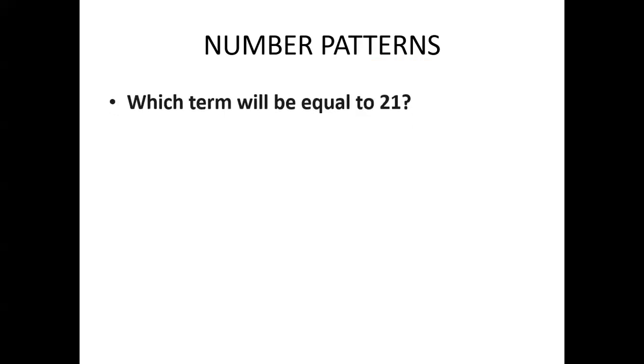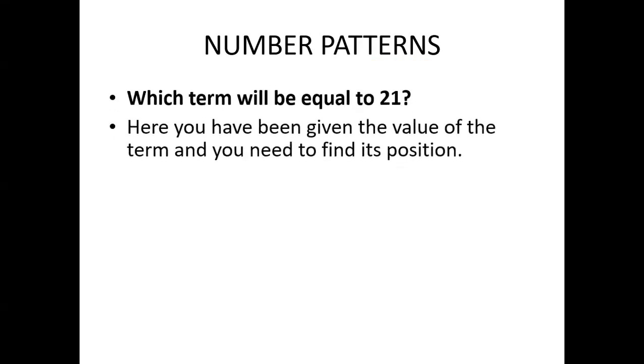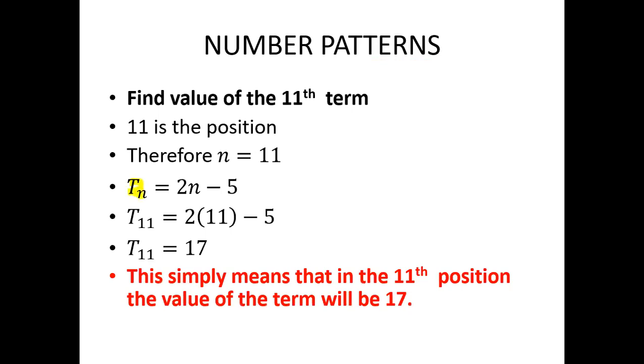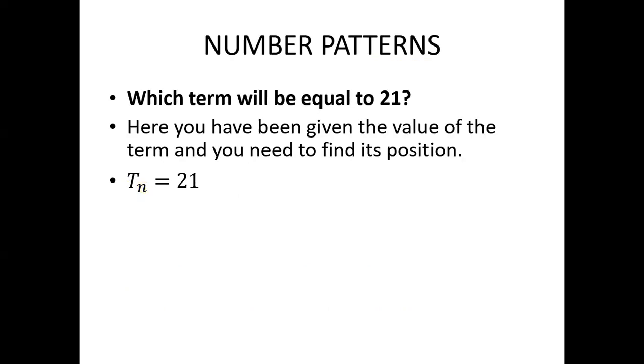Okay, which term will be equal to 21? Here, note that you are given Tn is equals to 21. You go back to the general term. Where there is Tn now, you are going to substitute. So this is the general term here, where there is Tn, you will now substitute 21. And when you substitute 21, you will end up having 21 is equals to 2n minus 5.